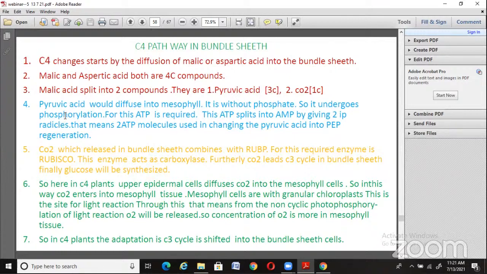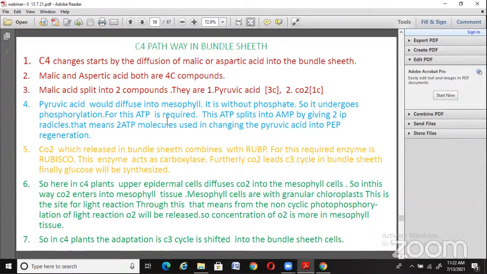That means the end product of phosphorylation from ATP is AMP, adenosine monophosphate, which holds only one inorganic phosphate after releasing two. This indicates the utilization of two ATP molecules' worth of energy during this change of pyruvic acid into PEP.